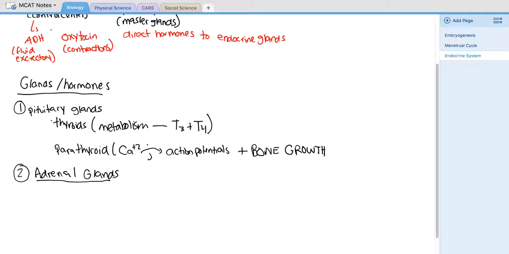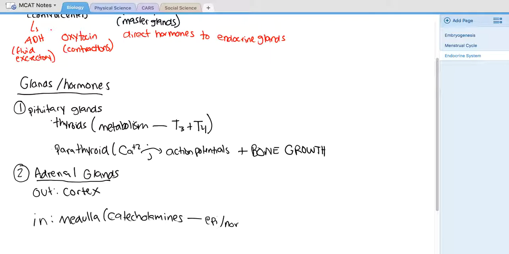So in the adrenal glands, on your kidneys, the outside will be the cortex, and the inside will be the medulla. So while we're here, let's go ahead and do the medulla. The medulla will be the catecholamines, which are very important in nervous system responses. So it's going to be your epinephrine and norepinephrine. These are flight and fight.